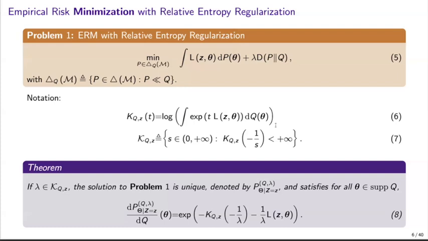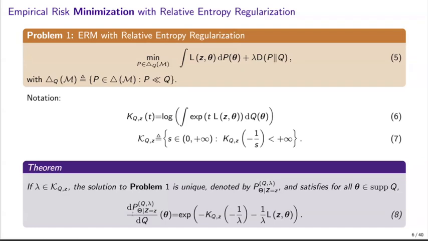The solution of the problem in 5 is unique, and we have denoted it with the parameters Q and lambda in parentheses, and the Radon-Nikodym derivative of the solution with respect to the reference measure Q is equal to this expression that we have on the right.